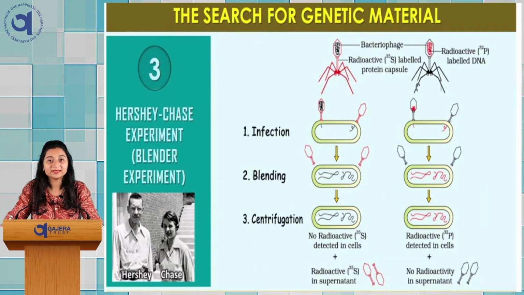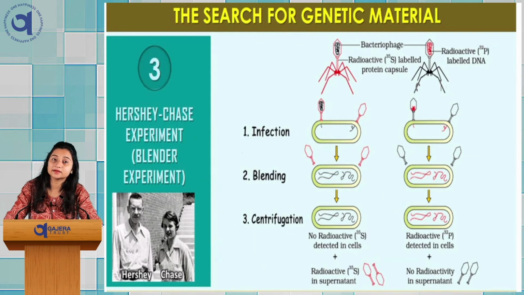So three things happened over here. First was the infection. Infection is when a virus comes to the host and transfers only the genetic material. Now, in the case of bacteriophage, it is DNA that behaves like the genetic material. So here this DNA got transferred inside the body of the bacteria. Later, when blending was carried out, the virus was allowed to get removed from the body of the bacteria.